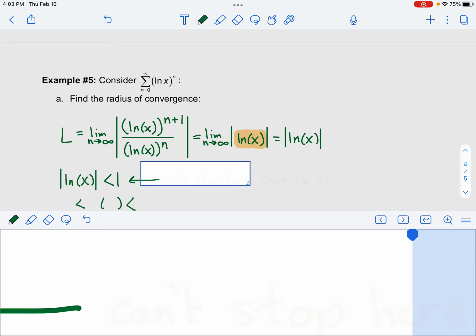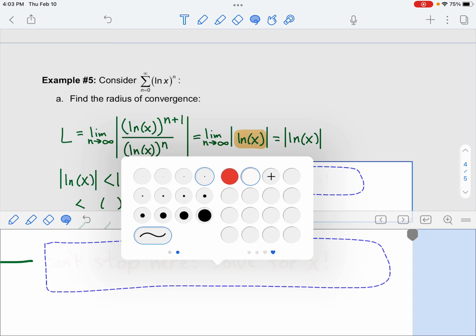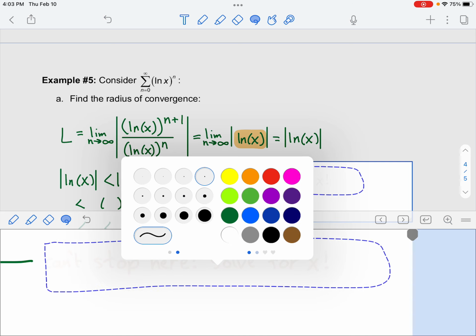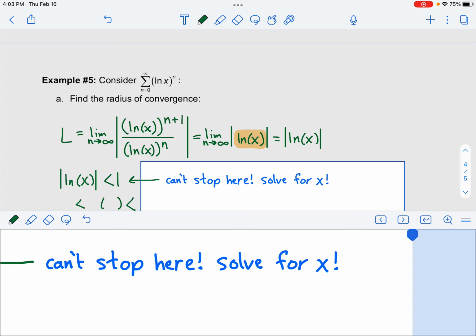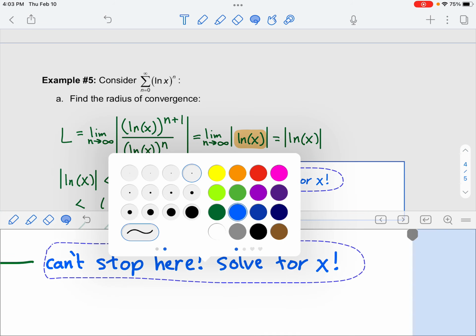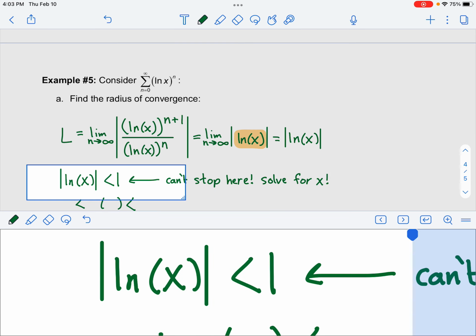But unlike with other questions, in order to figure out the radius, we can't really stop here. Because when it's x minus 7, you're adding 7 to both sides, so it doesn't really affect the radius. But the natural log here makes things a little bit goofy. So we cannot stop here. We have to get this x by itself, so let's go ahead and do that.